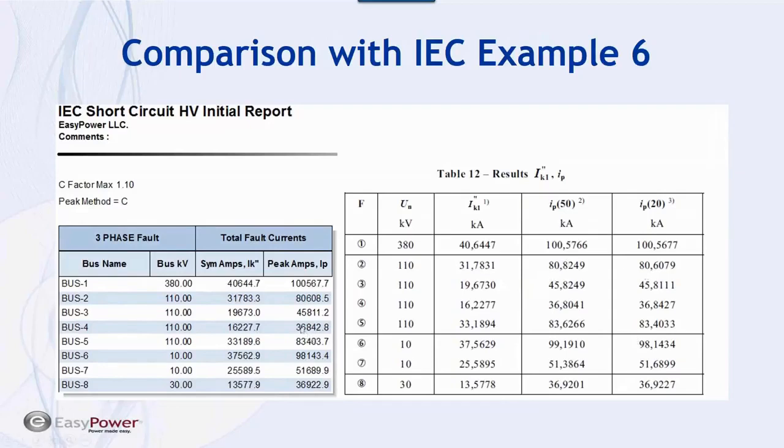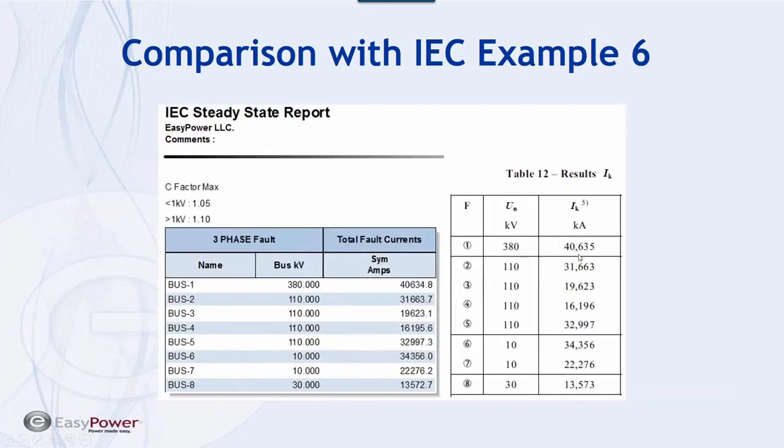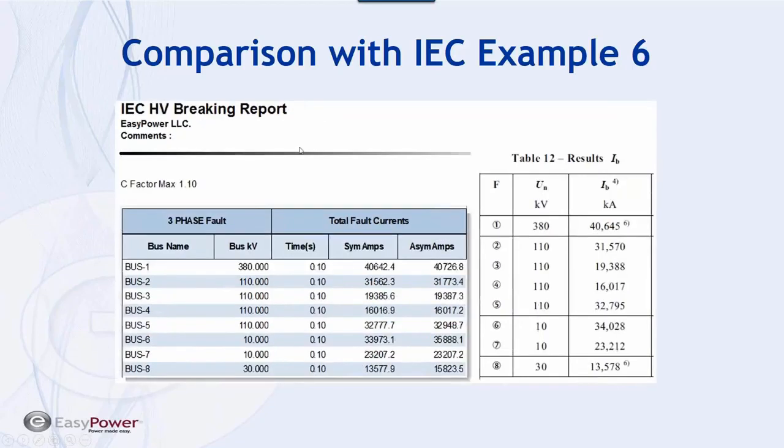They match perfectly. Not to talk about EasyPower necessarily, the details and the extent of this work, but as I said, this is not just one method or two methods. This is a combination of a lot of approaches we have implemented there, and it's really significant that these results are matching so well here. Steady state report values, compare them with what IEC recommends, example 6.